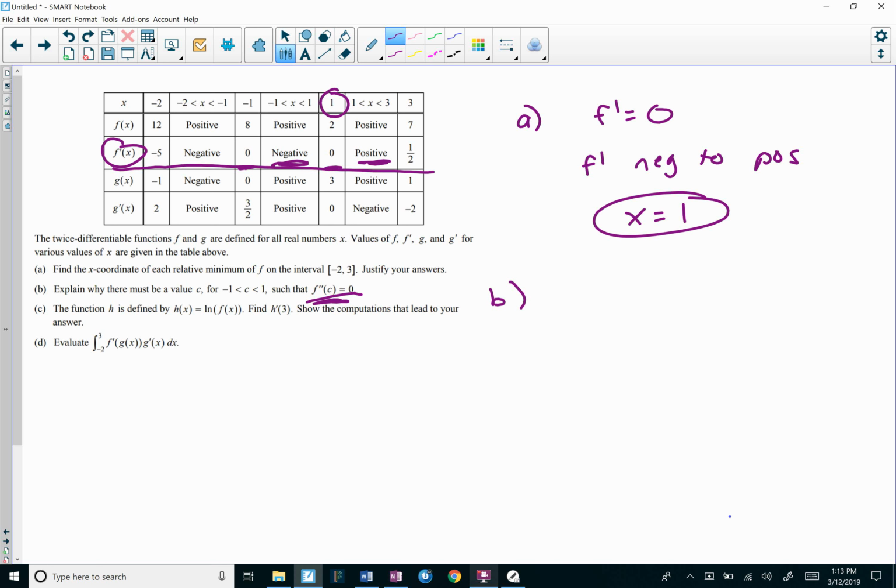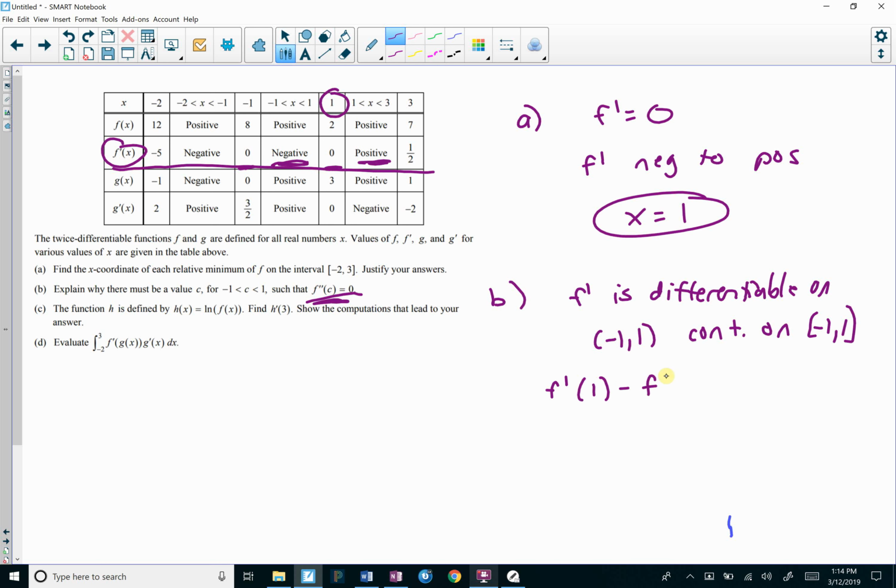Okay? So we can state that we know that f prime is differentiable on, where are we at, -1 to 1, continuous on -1 to 1. And then we have to apply it, so we know that f prime of 1 minus f prime of -1, all over 1 minus -1, is actually 0 over 2, which is 0.